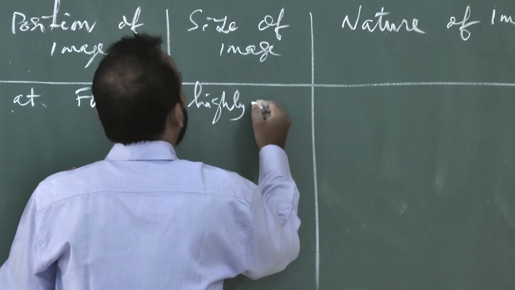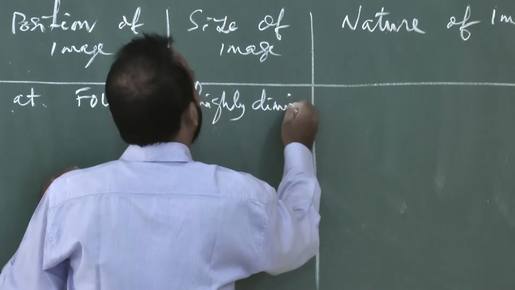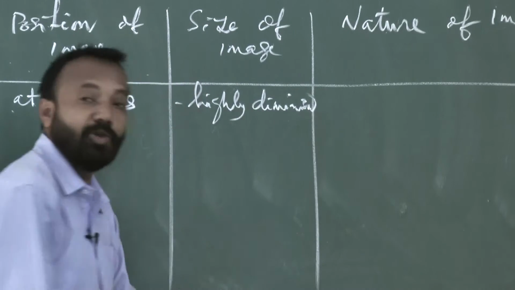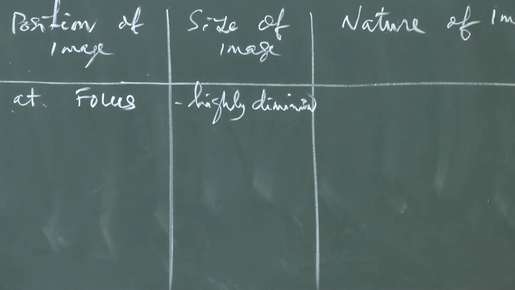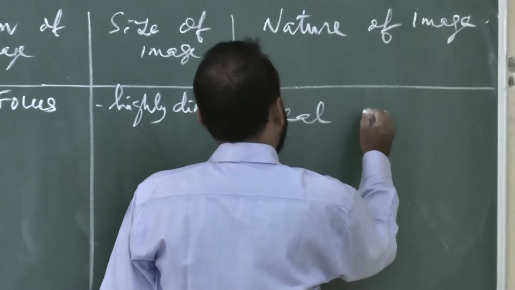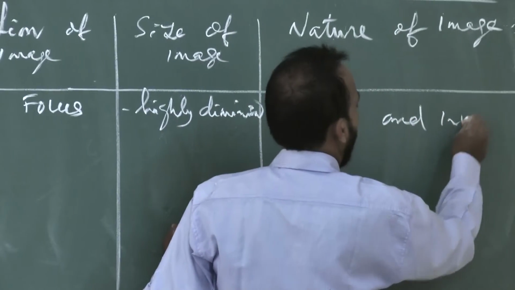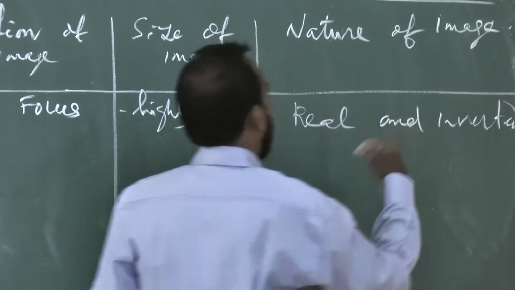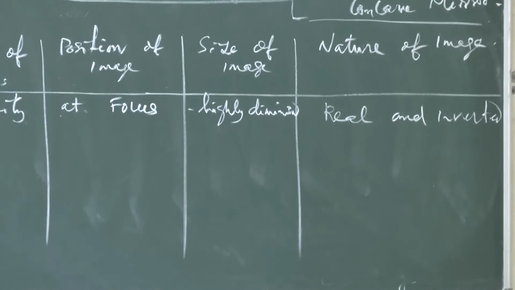Diminished, reduced, small, whatever you can say. What is the nature of the image then? Real and inverted. Very good. Like this, we are going to fill up all.